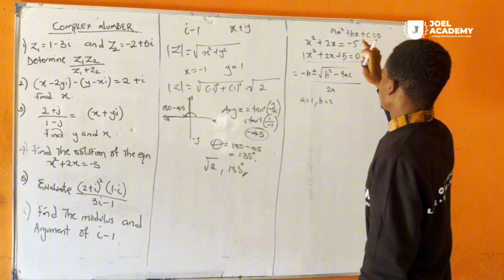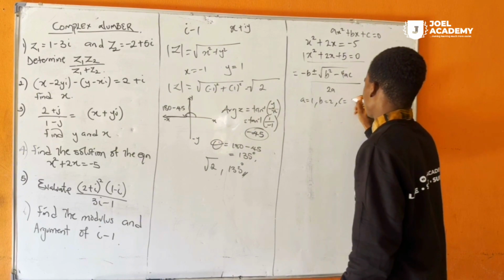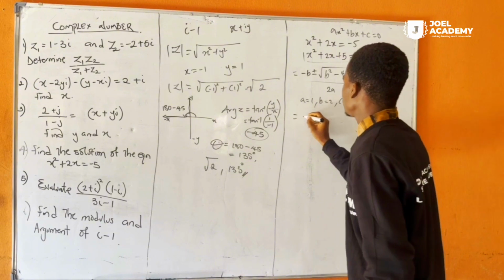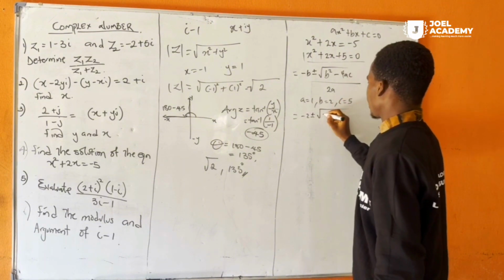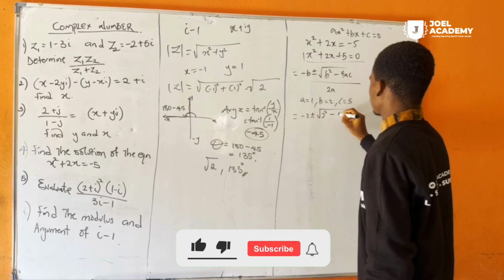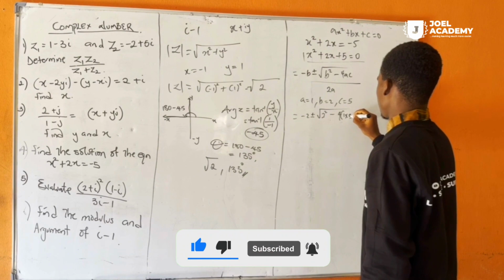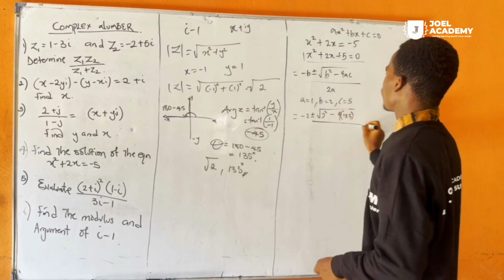And c is the constant, and it is 5. So substituting all these variables into this formula, we'll be having minus b, minus 2, plus or minus square root of b squared, 2 squared, minus 4, a is what? 1, c is what? 5. Are we following? Then over 2a.